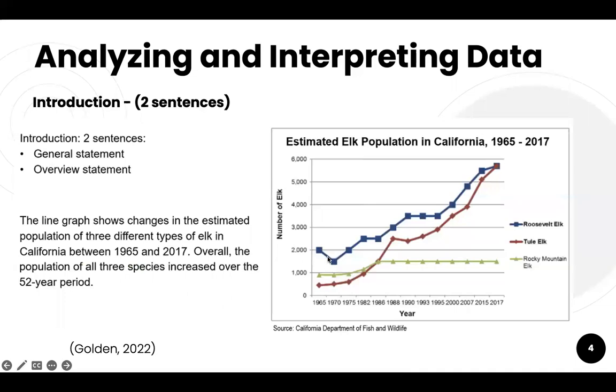So if you notice, the general or the overview statement represents the main idea of the graph. So considering the three species of elk and their population, their population increased over the 52-year period.